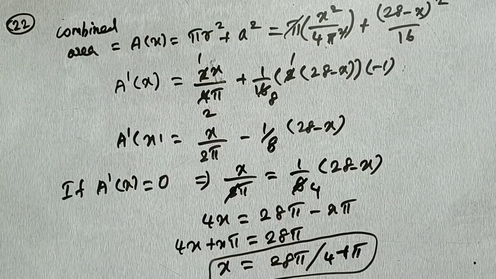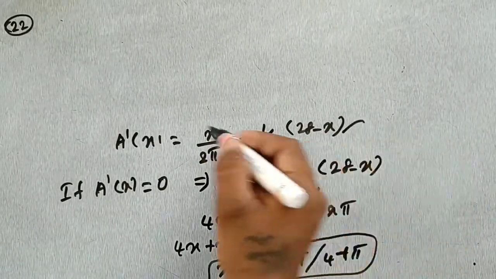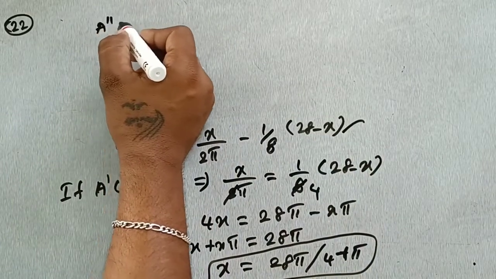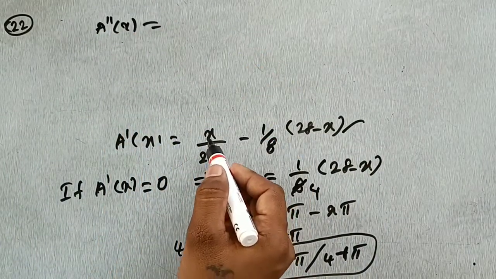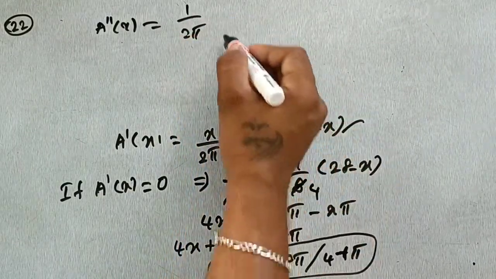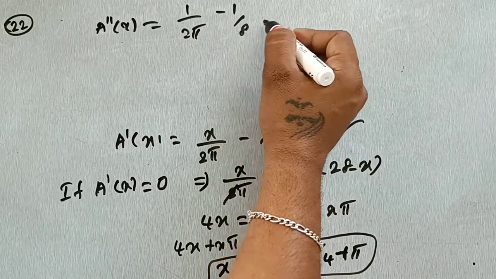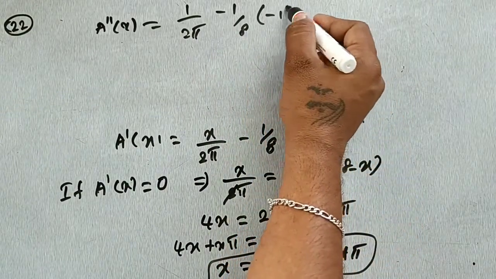So next I need to find the second derivative and then substitute the critical point in the second derivative. So find the second derivative for this function. So we will get A double dash of x equal to differentiation of x by 2 pi equal to 1 by 2 pi, minus 1 by 8 is constant, differentiation of 28 minus x equal to minus 1.